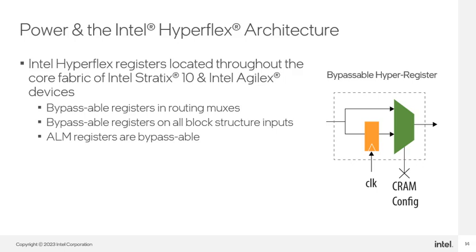With all these additional registers and the software tools to support their selection and inclusion in a design, the Intel HyperFlex architecture provides a fine-grained approach to the use of registers, because hyperregisters are essentially located everywhere throughout the core fabric. But what about the power used by all these additional registers?